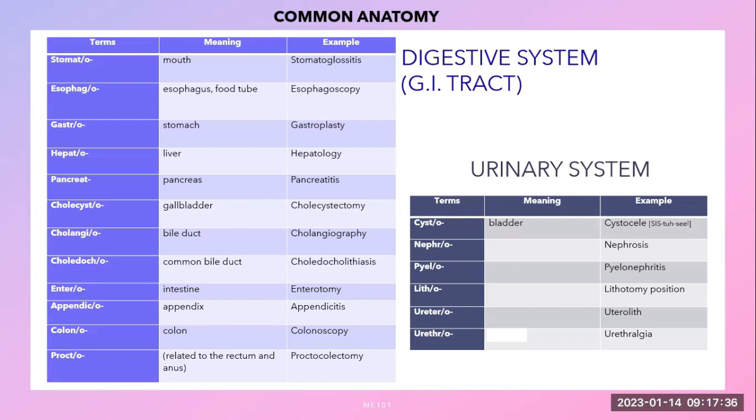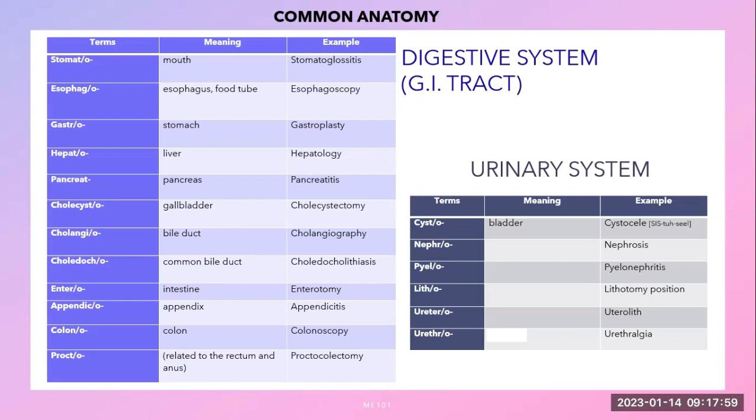Okay, so we're gonna move on to the urinary system. That means the organs that excrete urine. Cyst means bladder, but a lot of people don't use cyst alone, because cyst alone can have a different meaning.